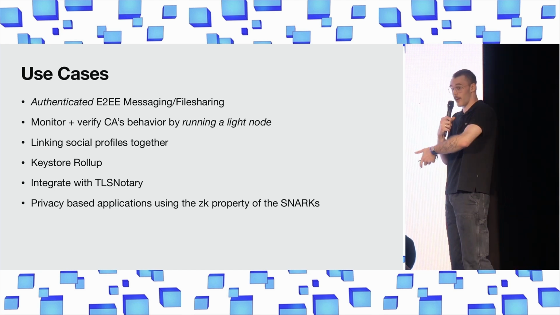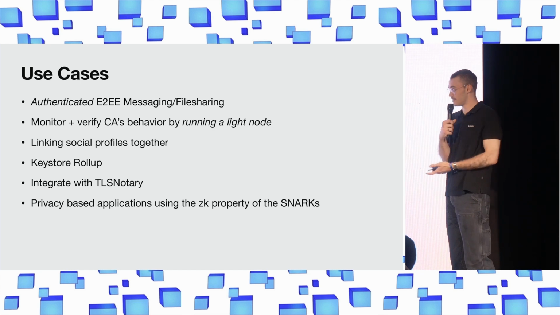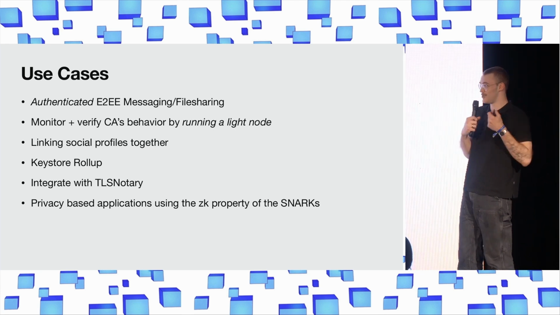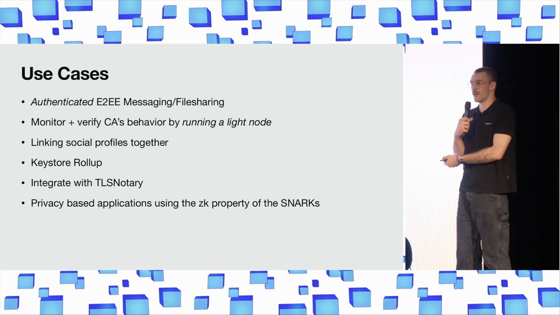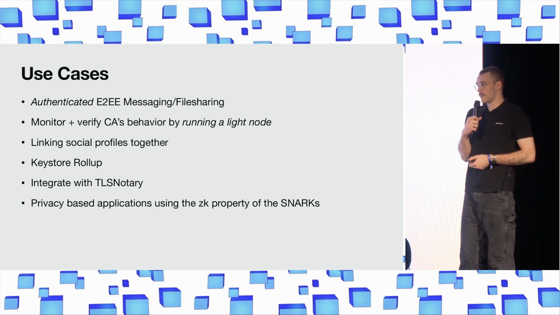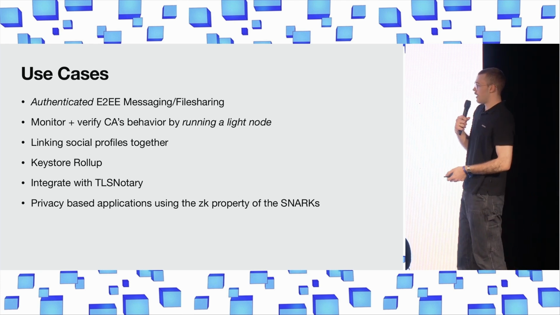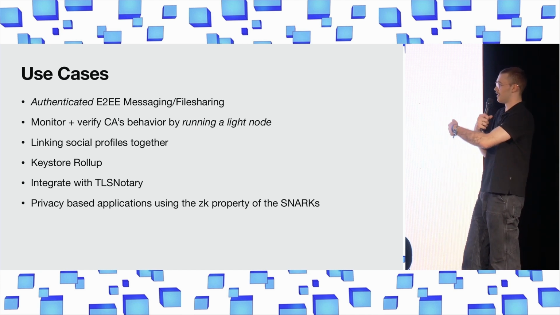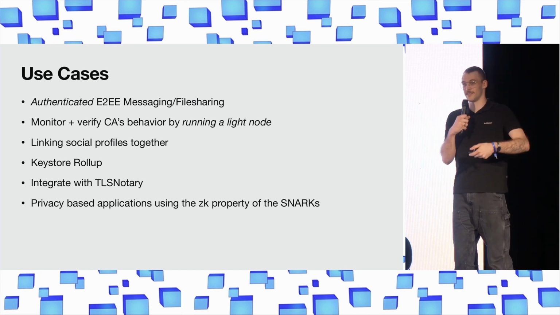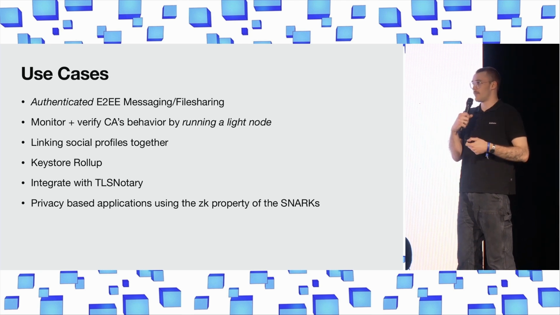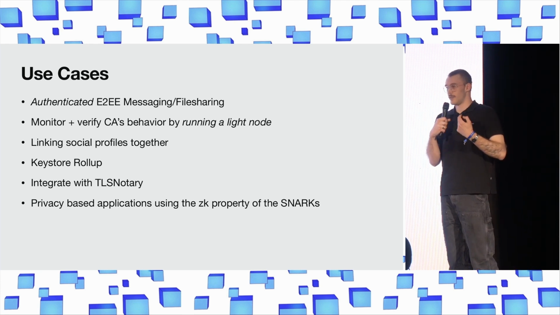And there are other emerging technologies right now, like TLS Notary, that you can integrate with. This is really cool because then you can make a proof that you have some ownership over a resource on the internet and only trust a notary. This is better than if we just build end-to-end encrypted messaging on top of it, because you're still needing to trust somebody to do, for example, the phone number registration.